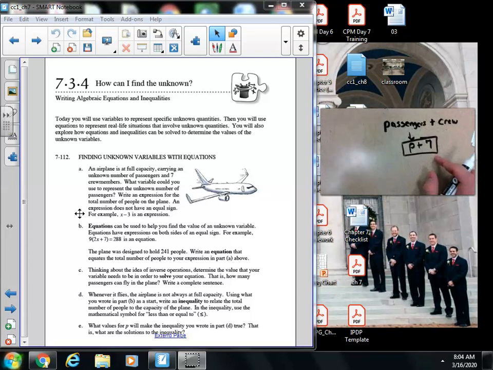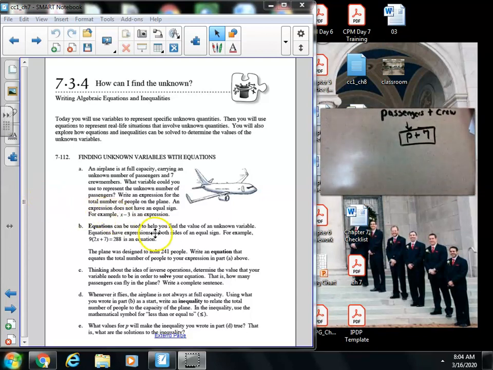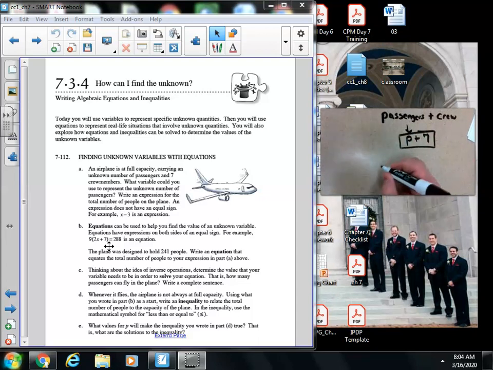Moving on to letter B, it says equations can be used to help you find the value of an unknown variable. Equations have expressions on both sides of an equal sign. For example, 9 times the group, 2x plus 7, is equal to 288. So an equation is 2 expressions with an equal sign in the middle. Lucky for us, we already have one expression that we just created.